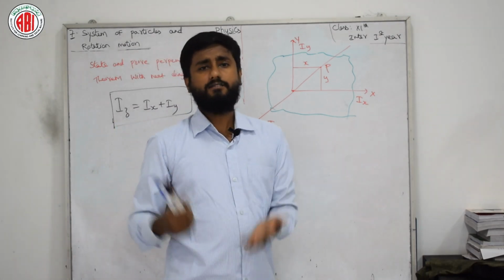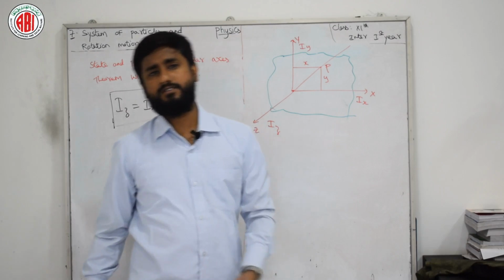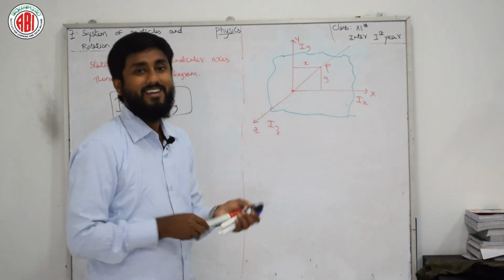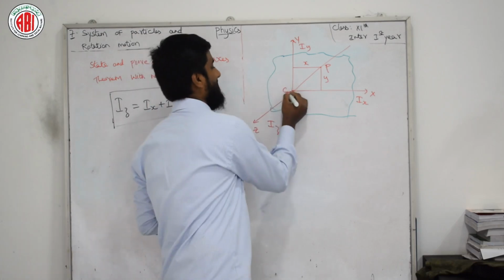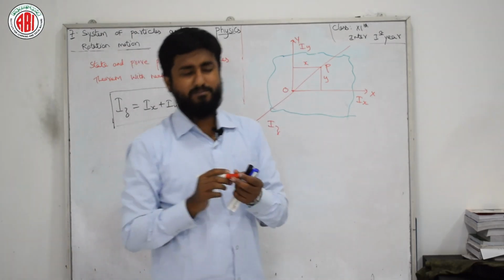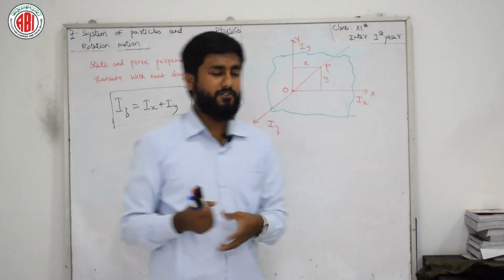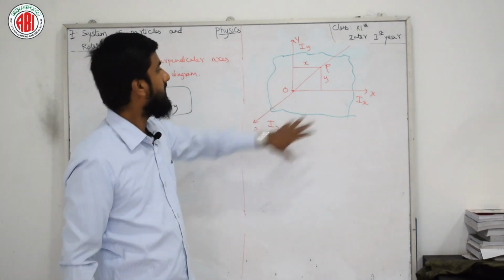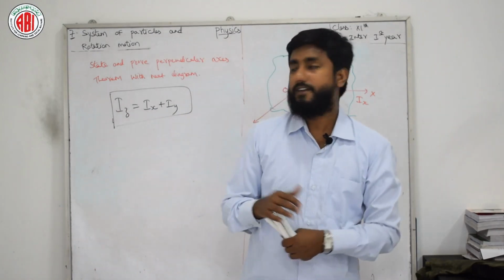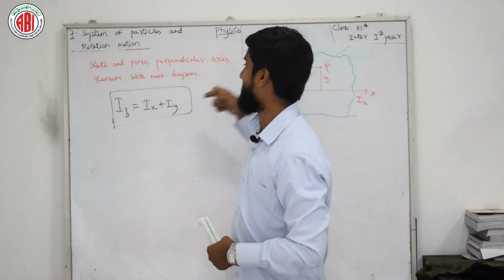Let Ix, Iy and Iz be the moments of inertia of the plane lamina about Ox, Oy and Oz; here we need to consider one origin also. From this we can derive a small equation. So this is a small introduction to the perpendicular axis theorem.